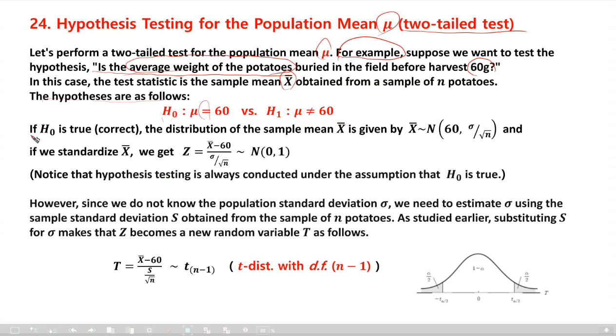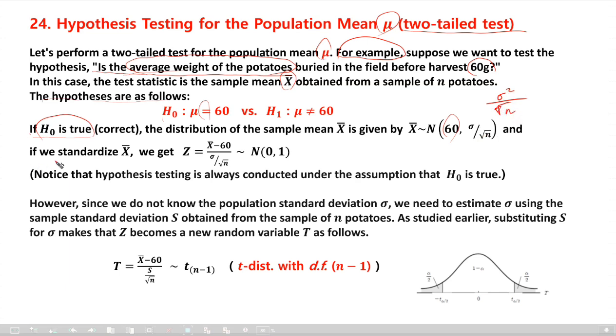Okay? If H0 is true, that is, if mu is equal to 60, the distribution of the sample mean x bar is given by: x bar has a normal distribution with mean 60, standard error sigma over square root n, or variance sigma squared over n, right?